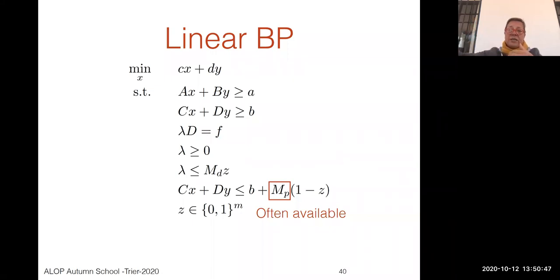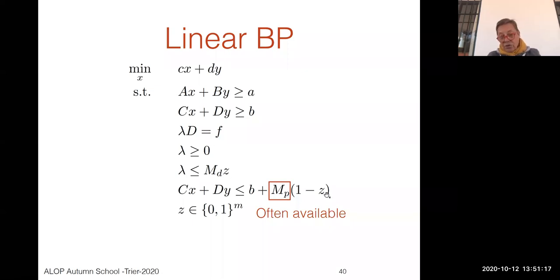So I will increase it and see whether I get a solution, because if lambda is not tight anymore when I increase it, then this means that this MD should be big enough. So each time that Z is equal to 1 and lambda is equal to MD, they will increase MD and iterate.